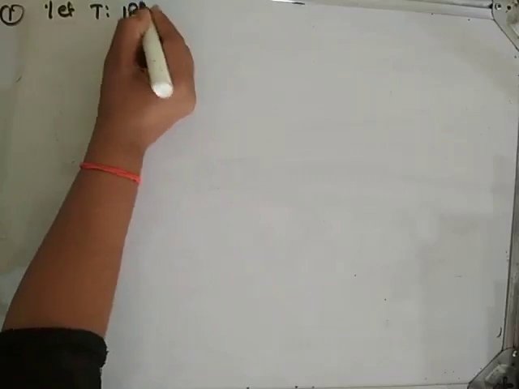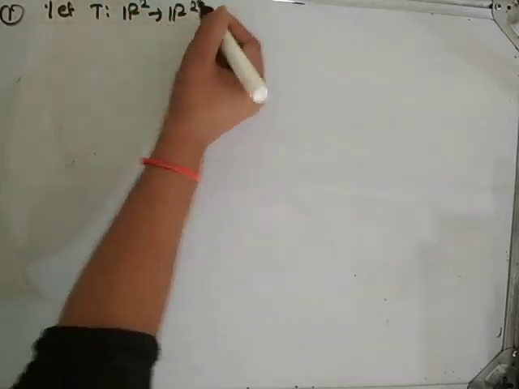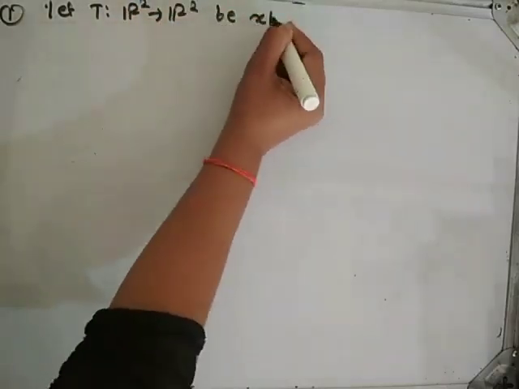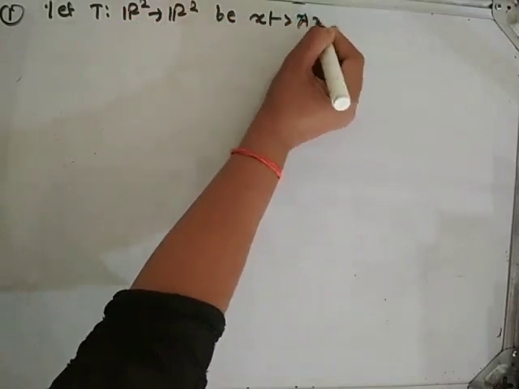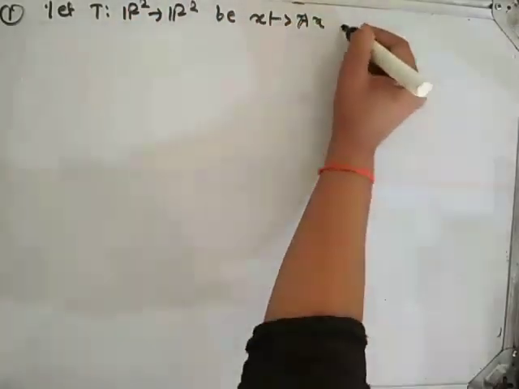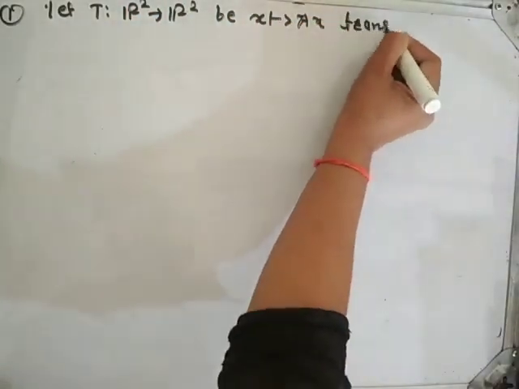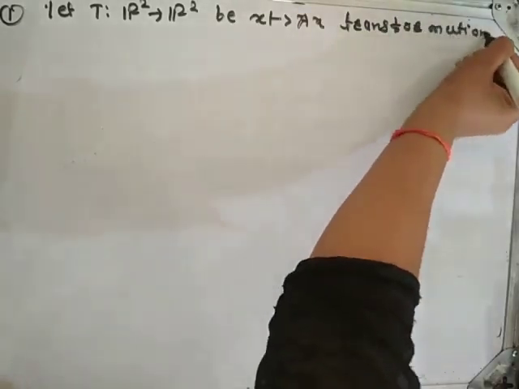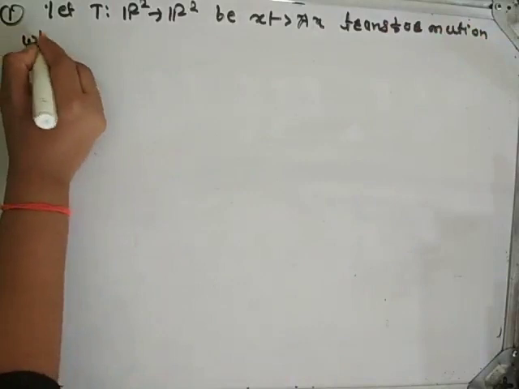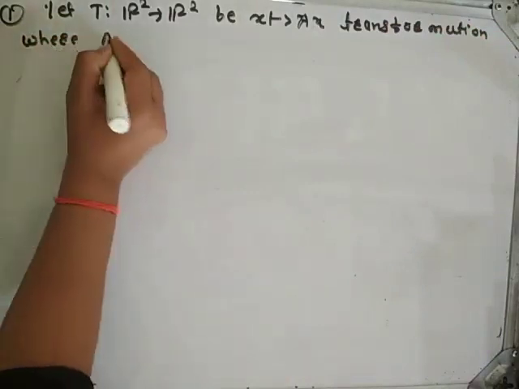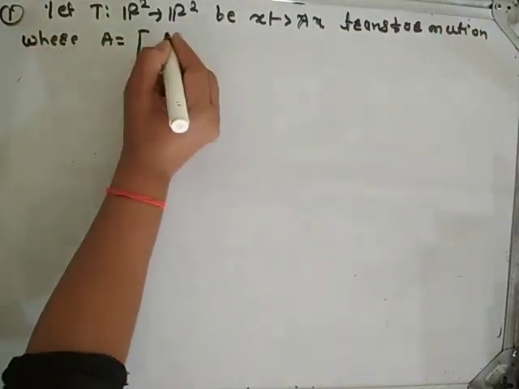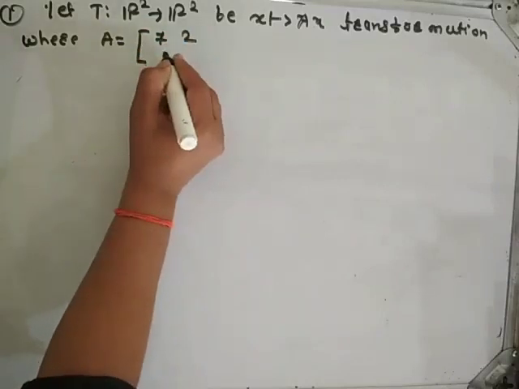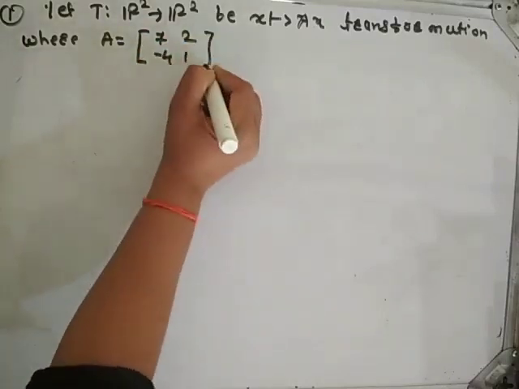First example: let T from R2 to R2 be the transformation x to Ax, where A is the matrix 7 2, minus 4 1.